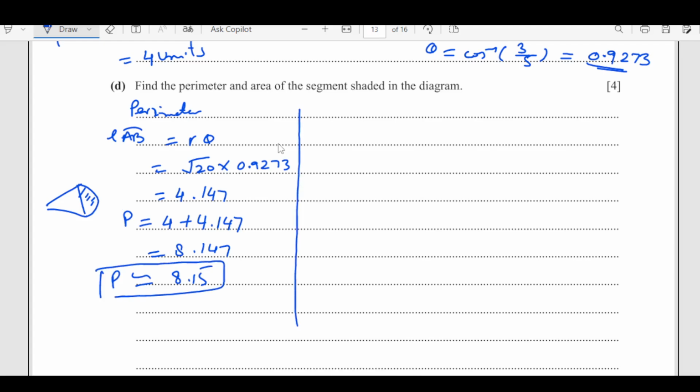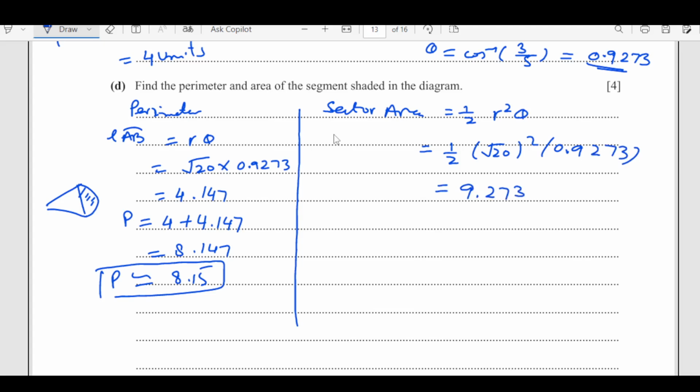Now the shaded area. We are looking for this area. Again, for the area we need the sector area. For the sector area we are going to use the formula, because theta is in radians, half r squared theta. So half times square root 20 squared times theta, which is 0.9273. Once you calculate this, just plug in the values in your calculator.